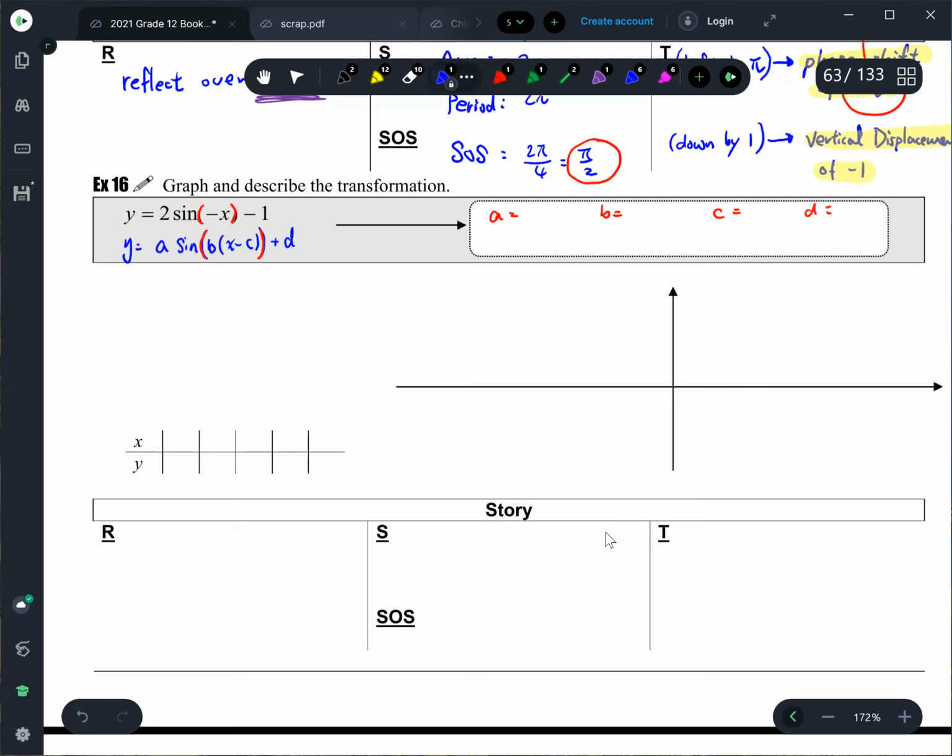If you got A, B, C, D correct, you're like 50% done, right? Because A, B, C, D affects everything after.